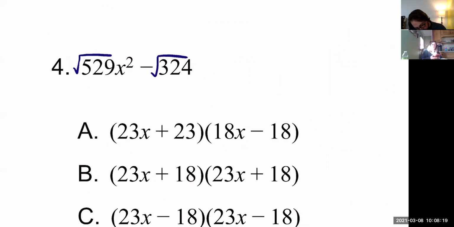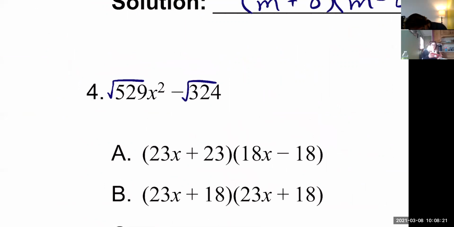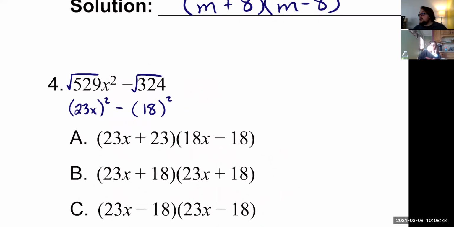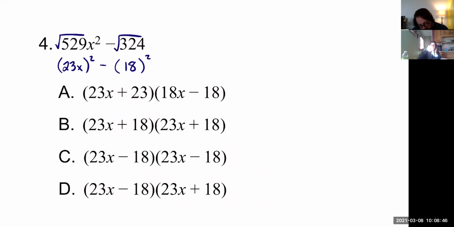What's being squared to make 529x squared? 23. And the x. And what's being squared to make the 324? Gotta guess. 18. Now, the trick is making sure you get your signs right, because this one is multiple choice, and I see a bunch of 23s and 18s.